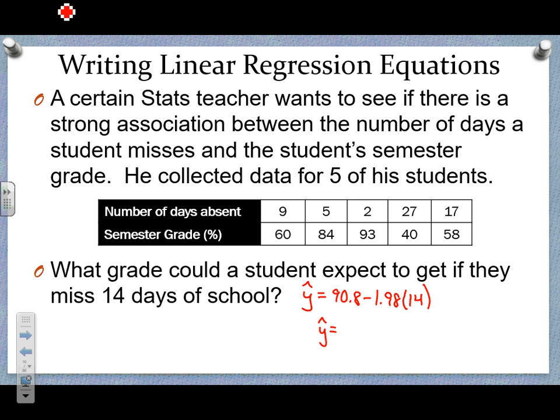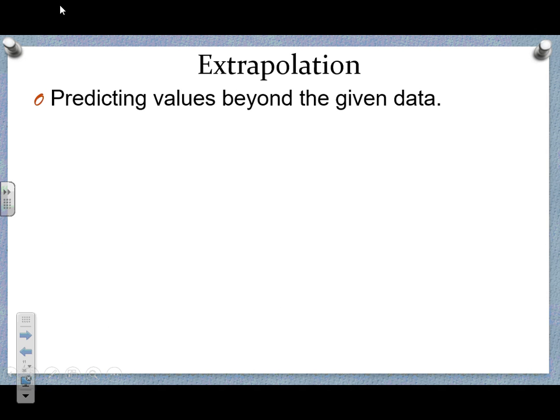Okay, so about 63.1. So they could expect to get about 63% in the class if they miss 14 days. Okay? So, here's our regression model. That's how we use it to predict. So we plug in values for x, find predicted values for y.